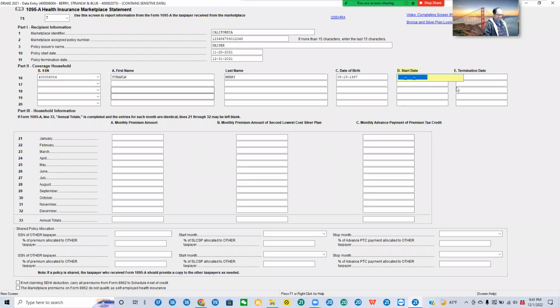Okay, let's say now, if for the whole year, let's say they have 18,000 in here, let's say they have 16,000. Here, 16,000 is the total.